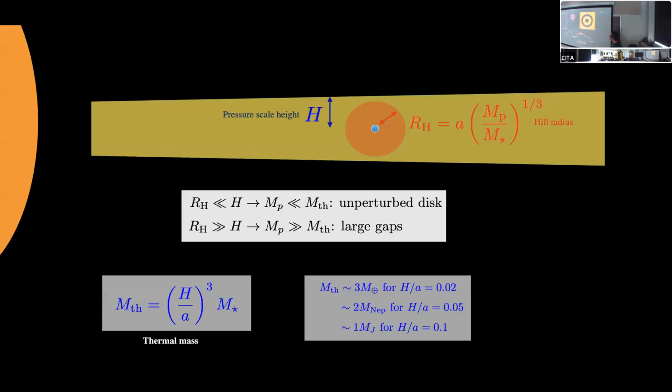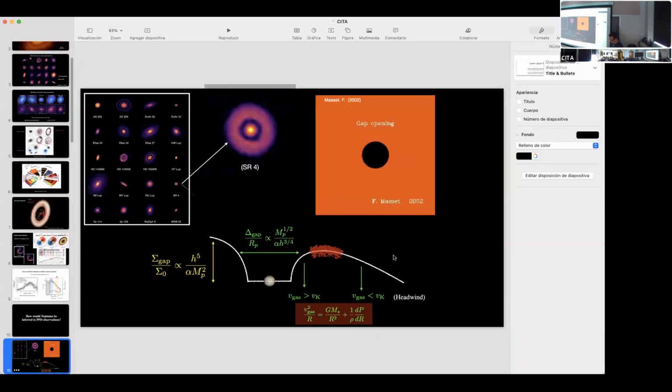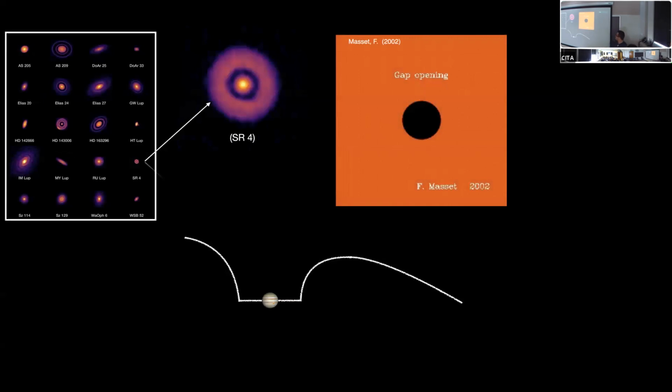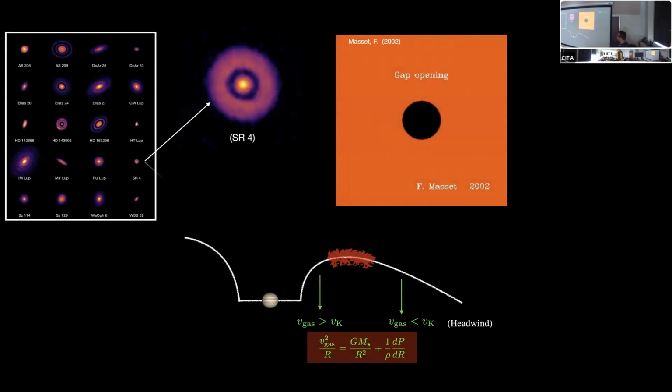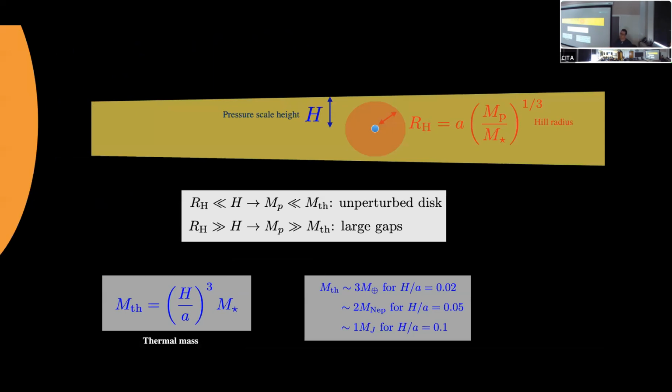A second part that is relevant, for thinking about whether you open a gap or how much you perturb your vicinity as a planet, is what is called the thermal mass.